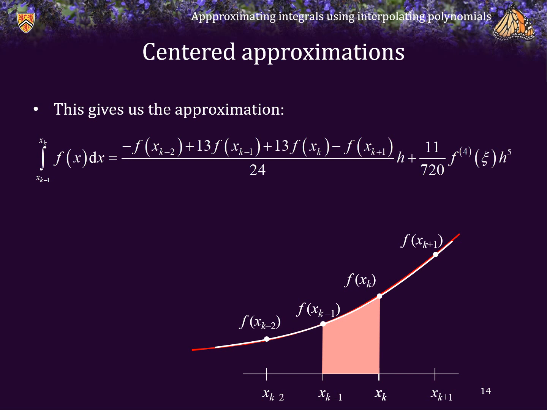It's, however, not a convex combination because some of the coefficients are negative. Specifically, the coefficients of the first and last are negative 1 over 24. The error is approximately 11 over 720 times the fourth derivative times h to the 5.